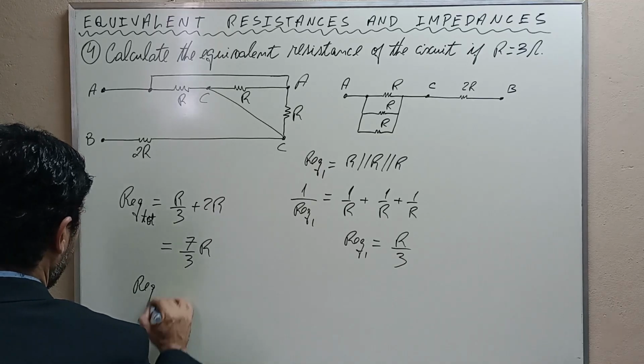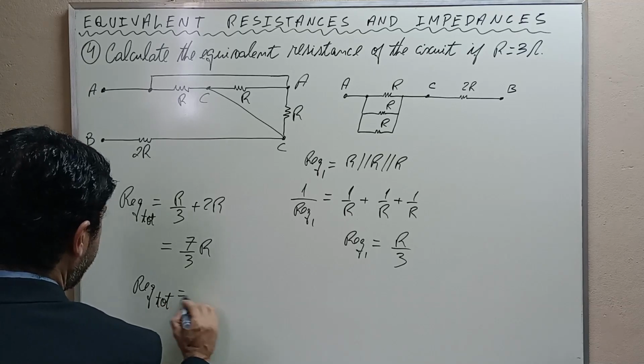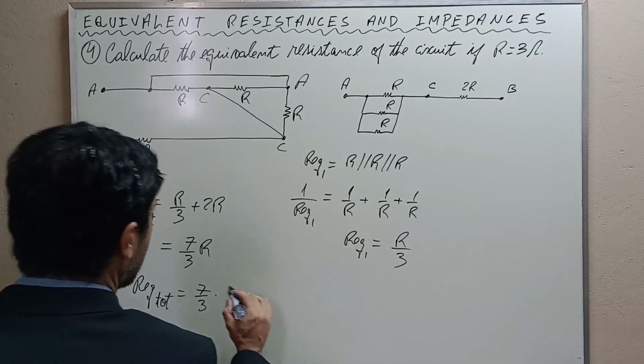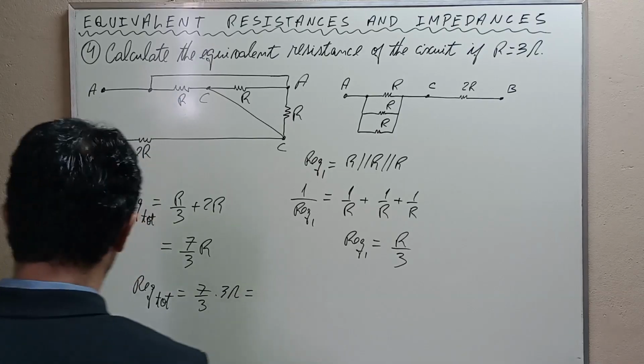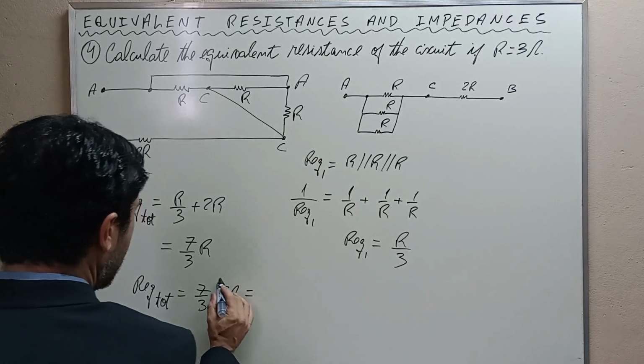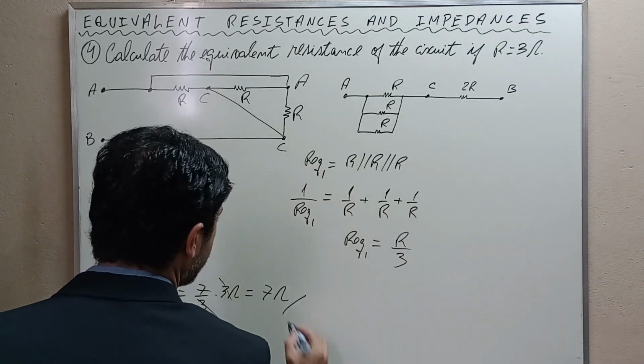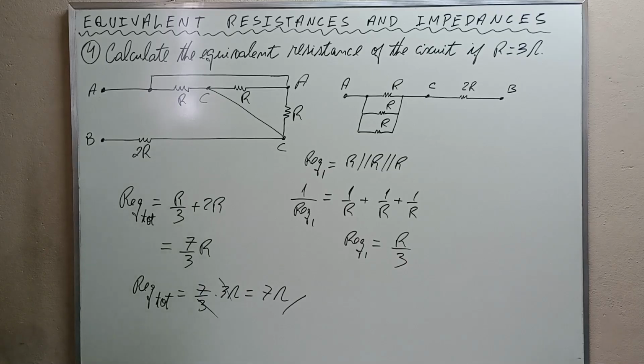Consequently, the total equivalent resistance is 7 over 3 times 3, and this is equal to, they cancel each other out, 7 ohms. Okay? Thus, the total equivalent resistance is 7 ohms.